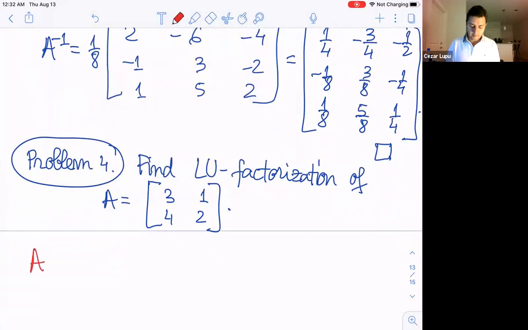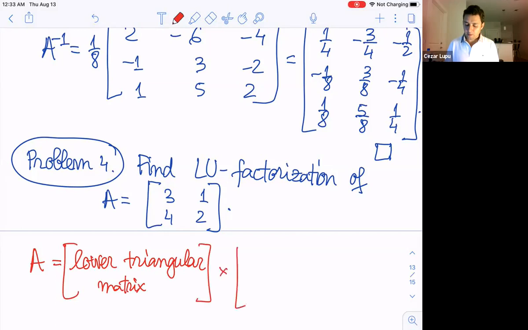A can be written as a lower triangular matrix times an upper triangular matrix.